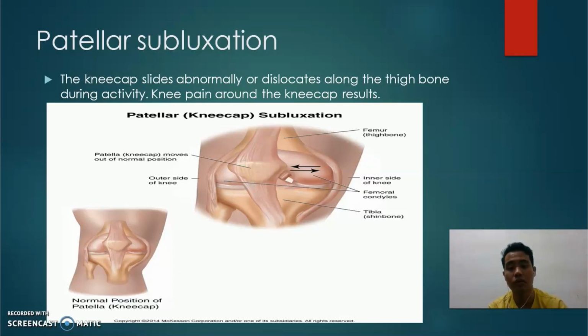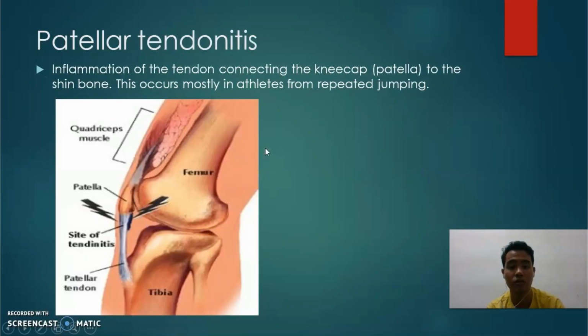So we can see the normal position, where the patella stays in the middle, and we can see when the patella has subluxation, it dislocates from the first position, which we call patellar kneecap subluxation.